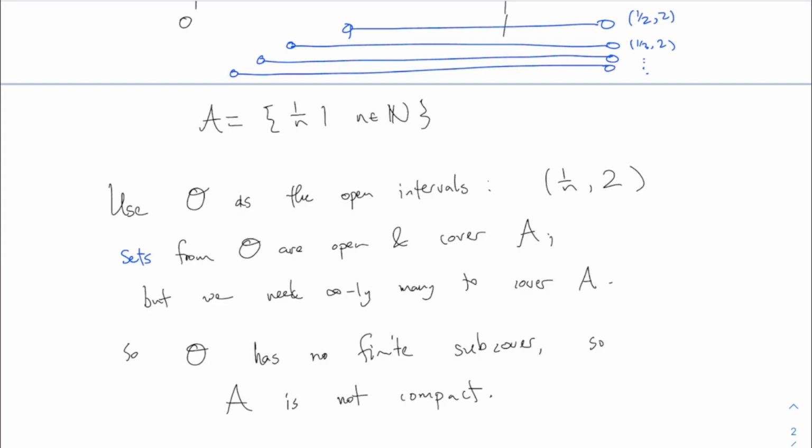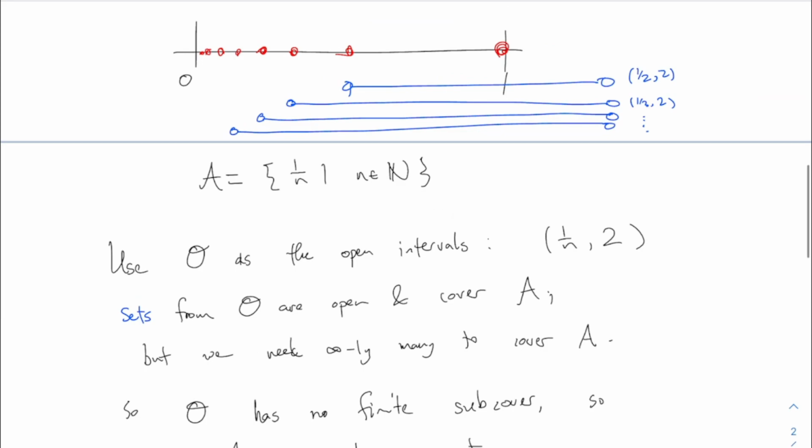I hope that makes sense. There's actually a kind of a strategy that I used to choose those intervals. I chose these intervals so that they would stretch out in a way which approaches where these points are also approaching. That tends to be a good idea.